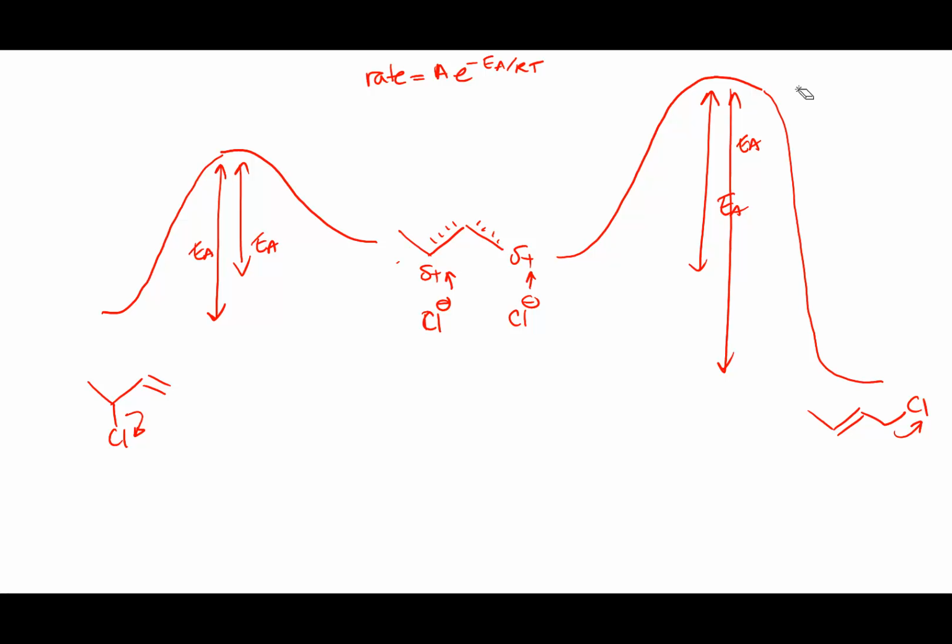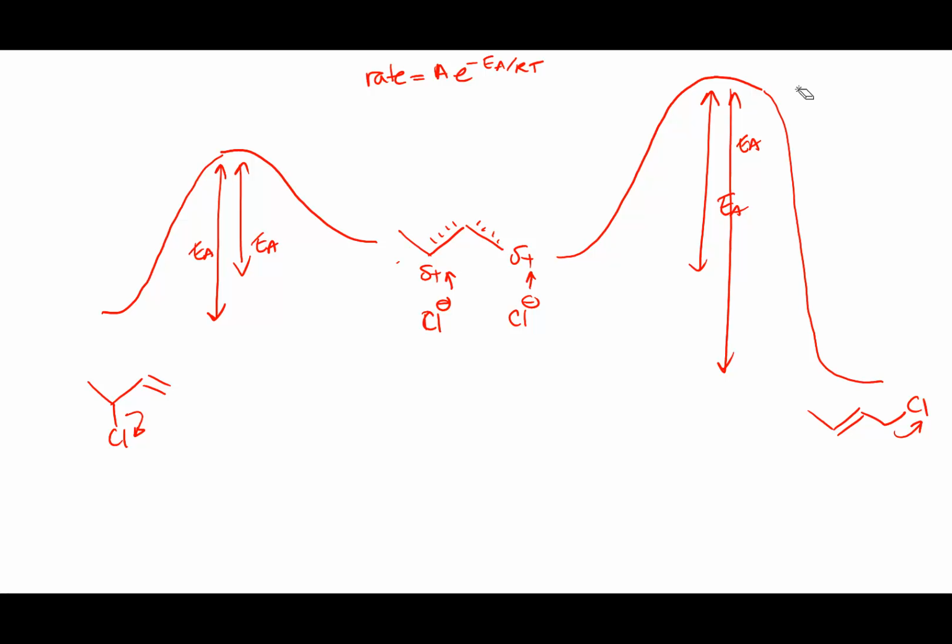So if I'm sitting on the left here and I want to go back to the middle, I've got to overcome the left activation energy in reverse. If I'm sitting over here on the right and I want to go backwards, I've got to overcome a bigger activation barrier. So what happens?